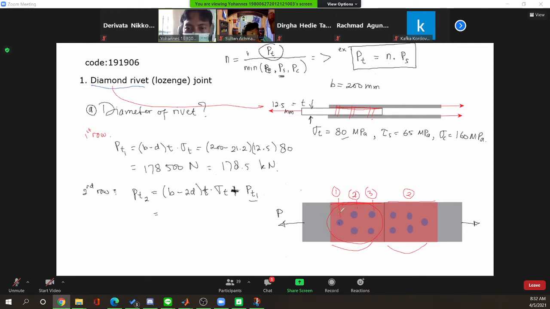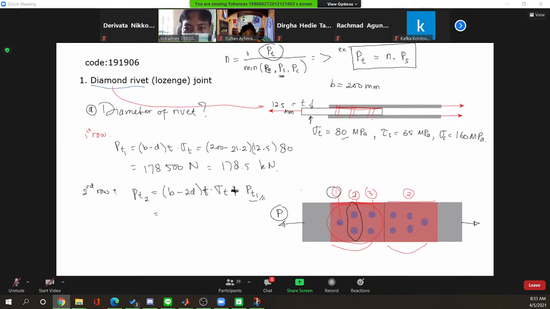Then if we analyze the second row, the remaining load is much lower. This load is resisted by the first rivet in the first row, then the remaining load is resisted by the second row, and the remaining load later is also resisted by the third row. So that's how we calculate the strength for each row. Please don't forget about this.